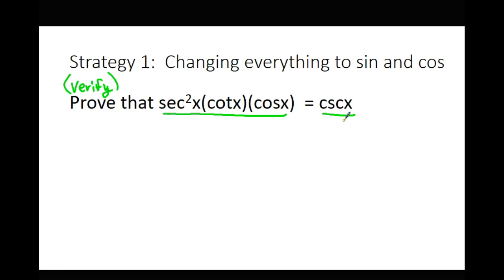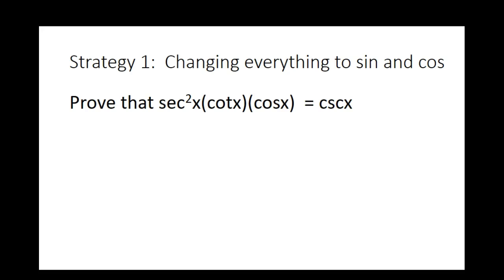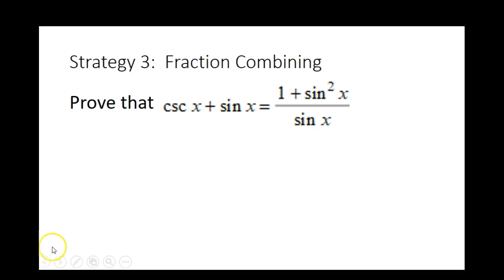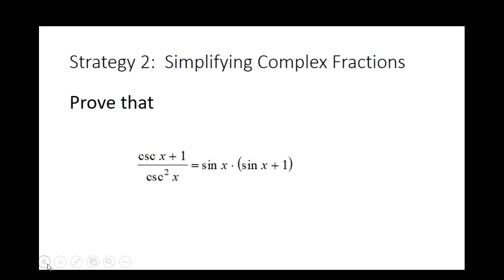Now I'm going to be giving you guys three different strategies, and I don't know if we'll get through all three today. But the first strategy I'm giving you is changing everything into sine and cosine. That's strategy number one. Okay. Strategy number two is simplifying complex fractions.